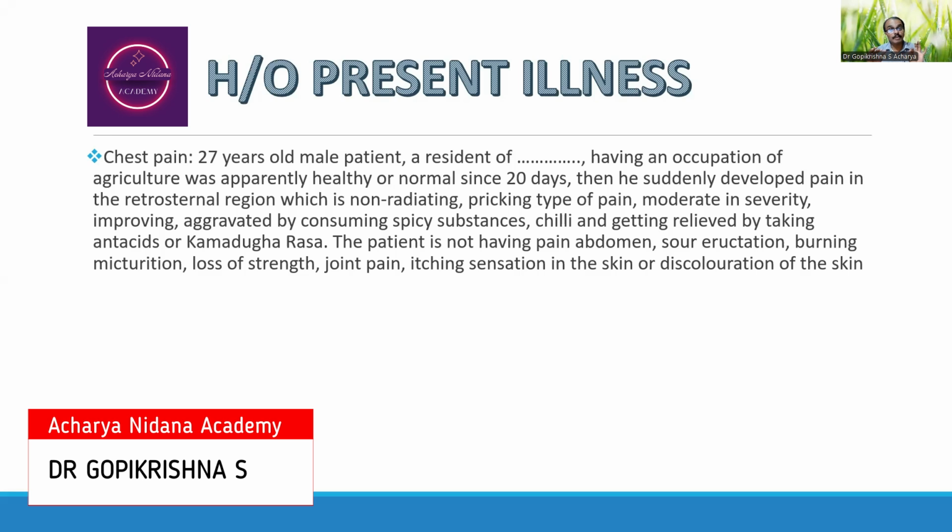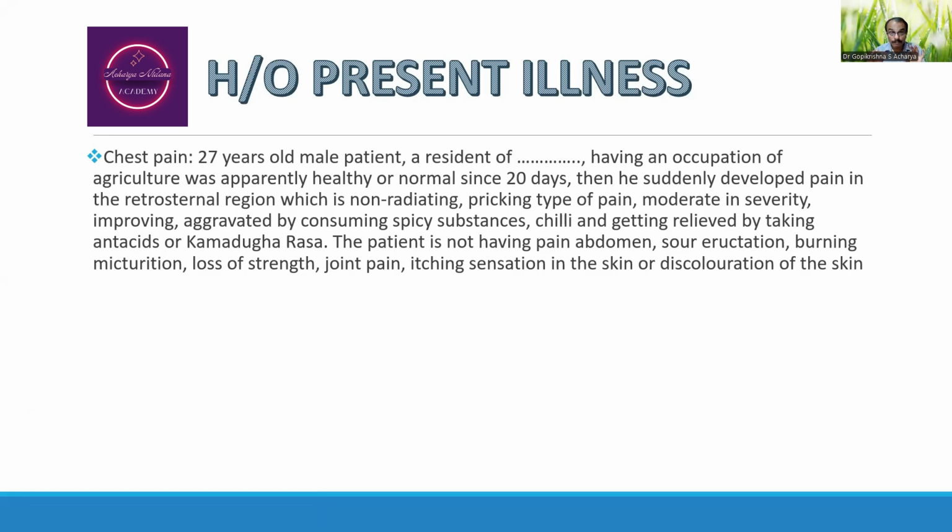Character of the pain, that is pricking type of pain, has come here. Moderate in severity, severity has come. Improving, course of the symptom has been documented here. Aggravation, that is aggravating factors, the spicy substances, chili, etc. That is documented here. Relieved by taking antacids, that is relieving factors has been mentioned. After that, the negative history.